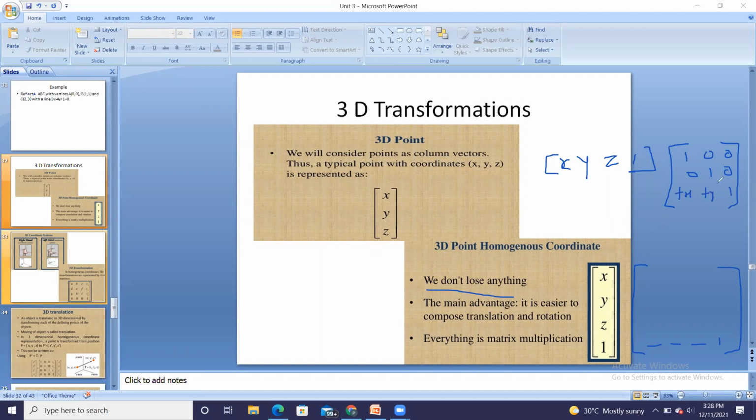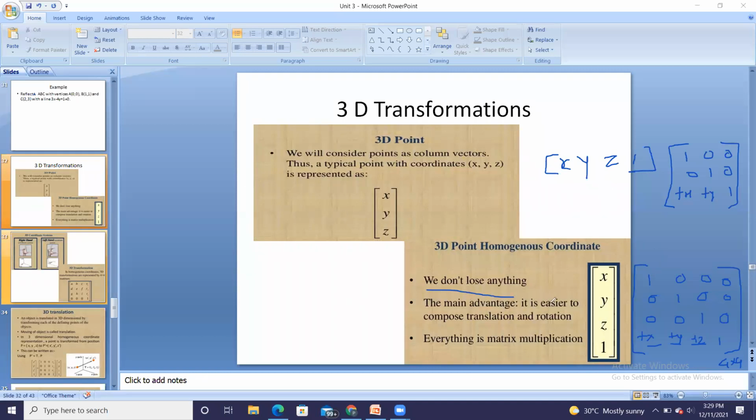Same way in 3D we have 1 0 0 0, then 0 1 0 0, then 0 0 1 0, and the last row is tx, ty, tz, because we now require the shift parameter, the translation along the z axis also.